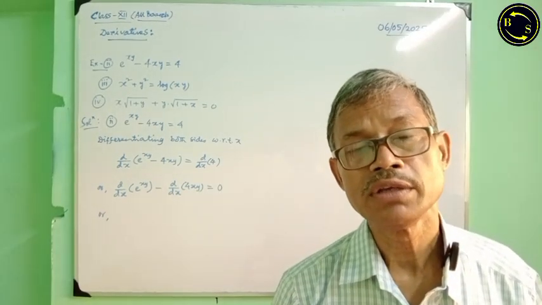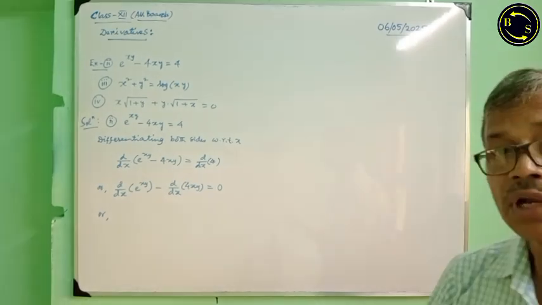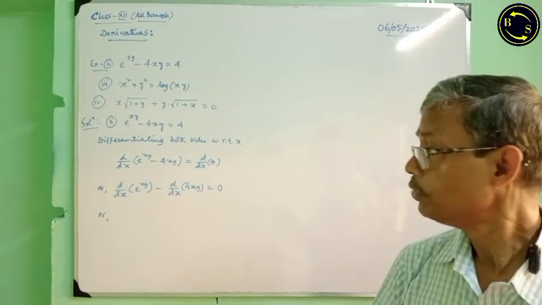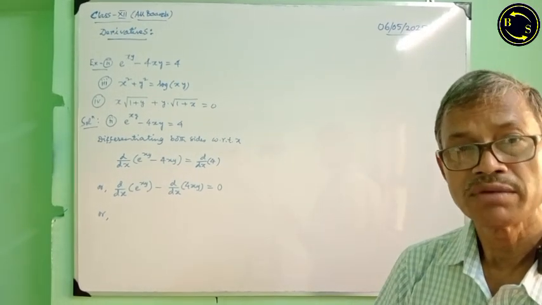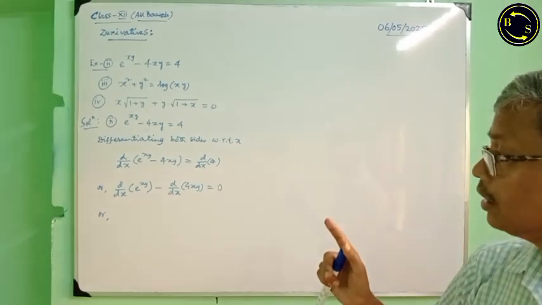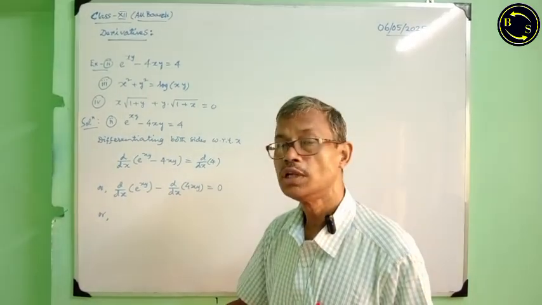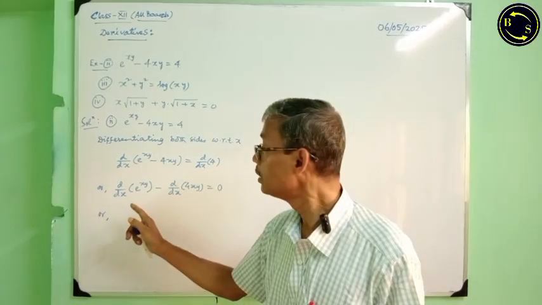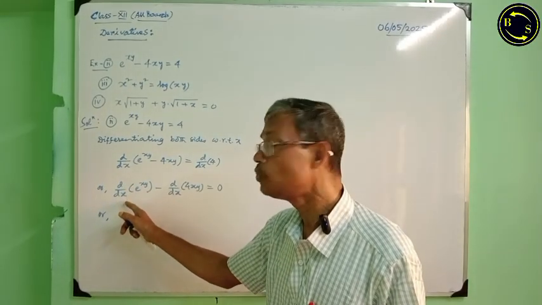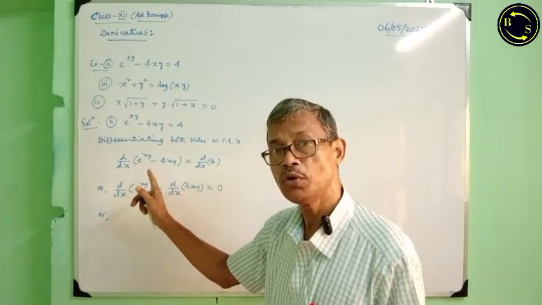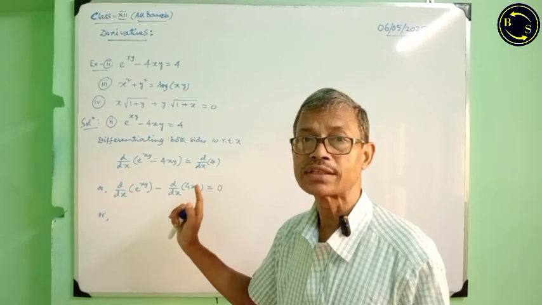To find the derivative, we have to apply chain rule. You can do that mentally as I am doing. Follow. First of all, you consider xy as u. Then you find d/du of e to the power u into du/dx.